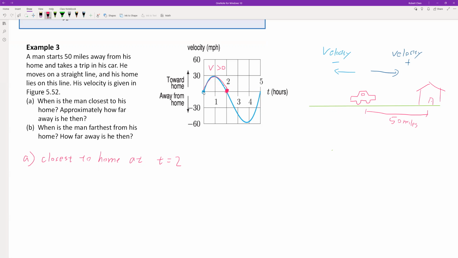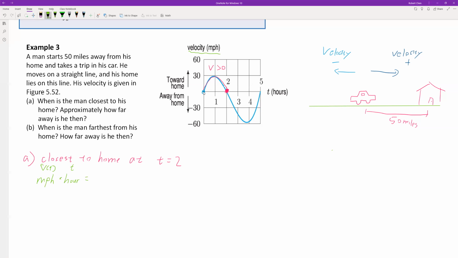Now, part B, approximately how far away is he then? Here we're getting to the idea of the definite integral. The vertical axis, the function v of t, has units of mph, and the horizontal axis, which is time, is in terms of hours.